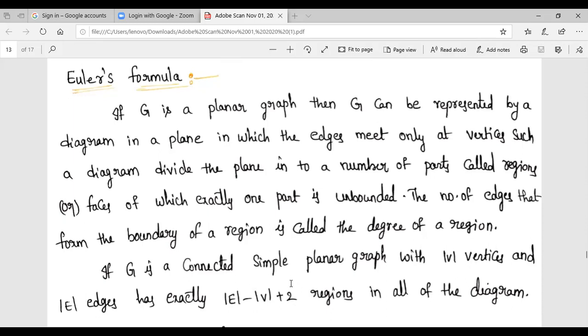So how can we divide the given graph into regions? The formula is number of edges minus number of vertices plus 2. This gives the number of regions of the given planar graph.